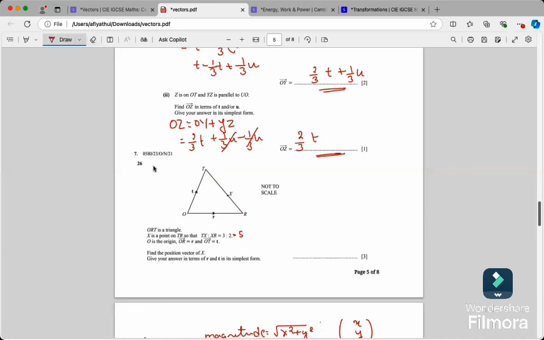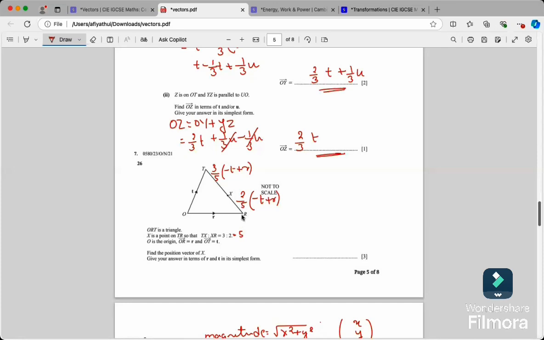So this will be 3 by 5 of TR. TR is going to be what? T to R, minus T plus R, and XR is going to be 2 by 5 of minus T plus R, right?